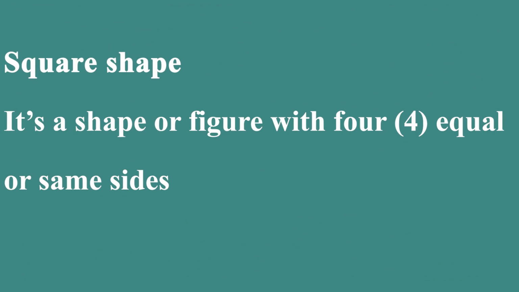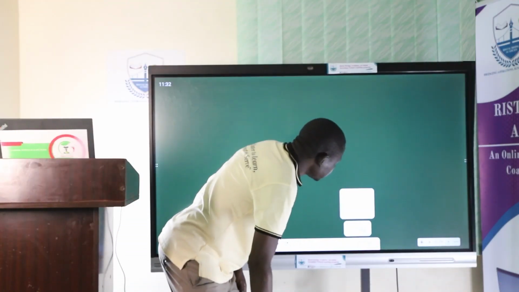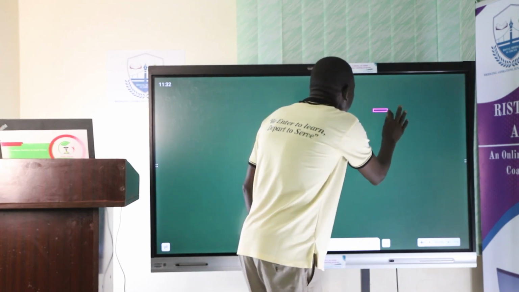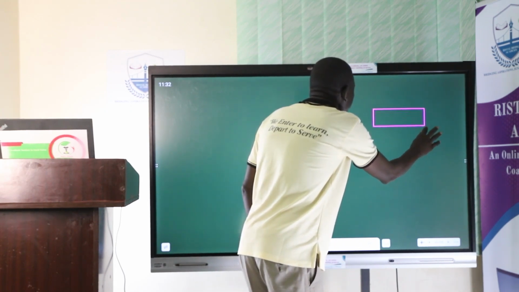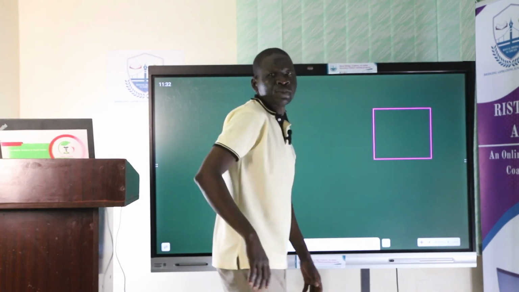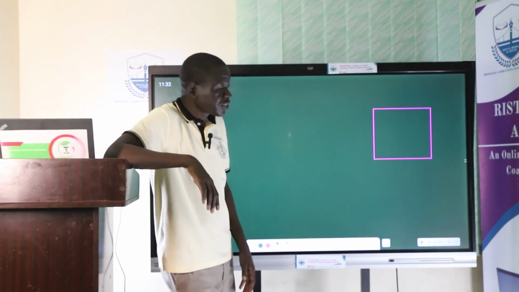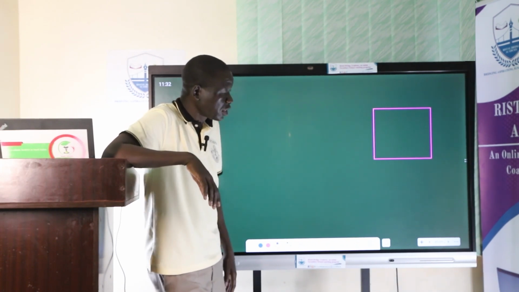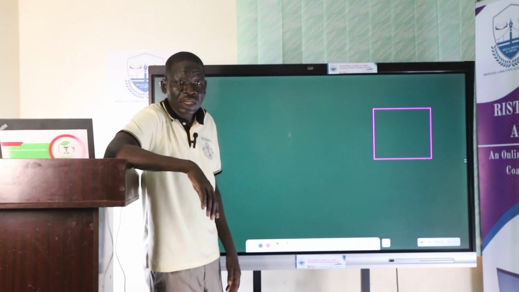It is a four-sided figure whereby all the sides are the same, or equal. So basically, this is the shape of a square. If you look at that shape, you find that all the sides are equal. So that is how the square looks.